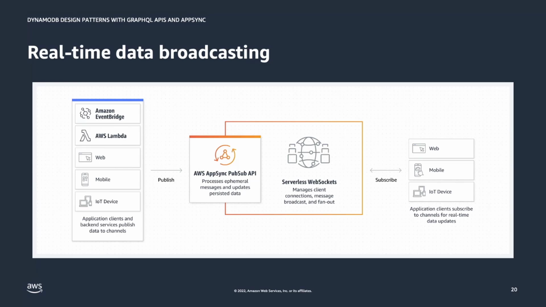But as you publish this information using a mutation, you can then use a subscription to broadcast that information to all of your subscribed clients. So writing a PubSub API to implement things like pager applications, chat applications, stock and dashboards is really simple to do with AppSync.